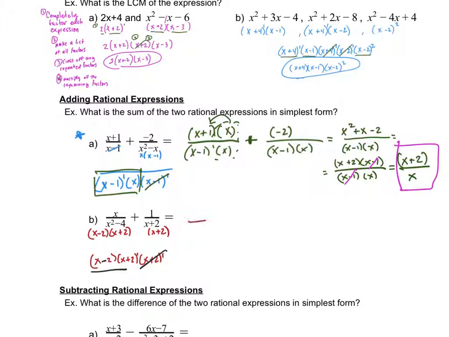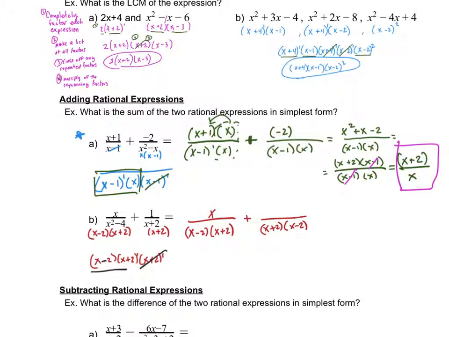So I'm going to rewrite my new equivalent expression with its common denominator. It looks like my denominator over here has not changed, so I just need to rewrite my numerator.